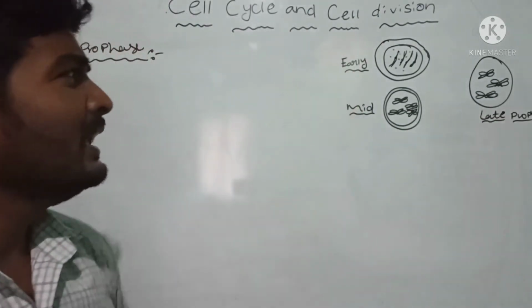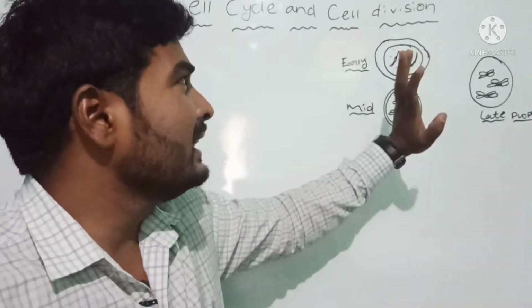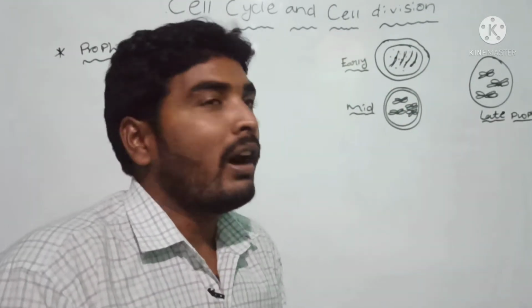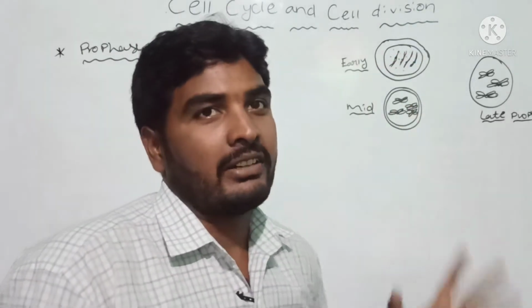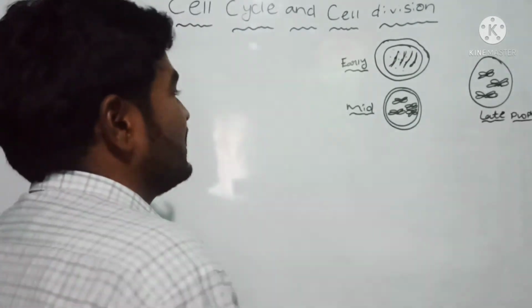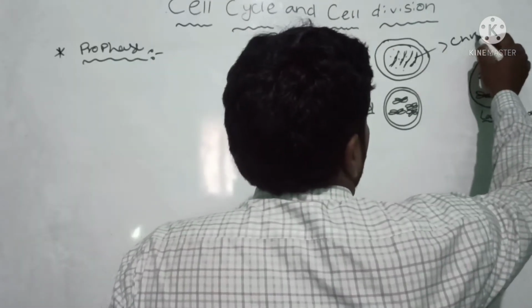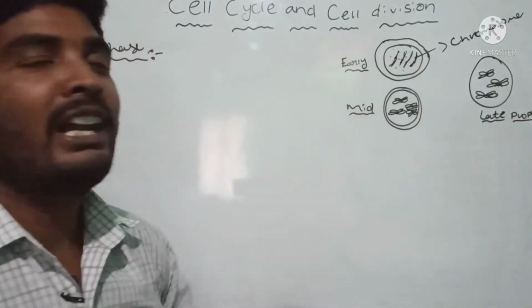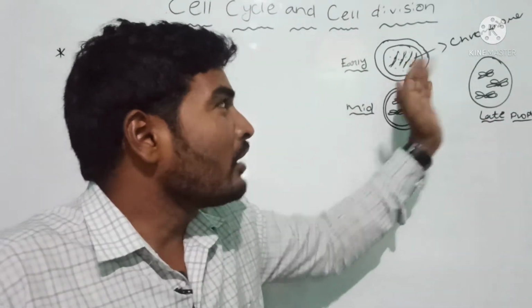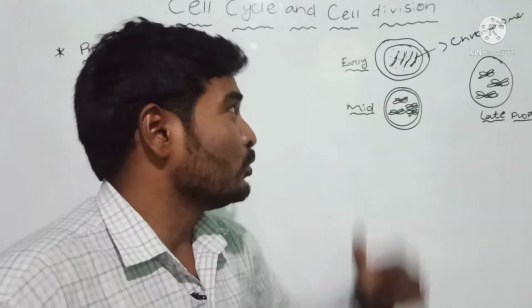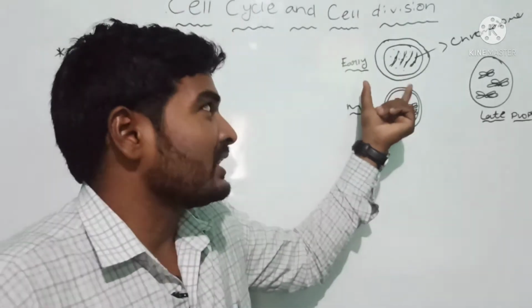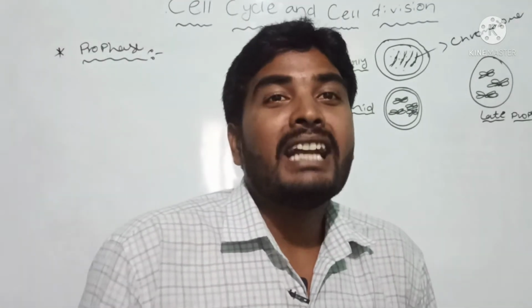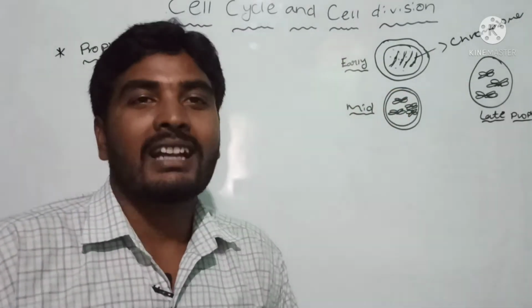In early prophase, chromatin material condenses to form a rod-like structure called a chromosome. How does the chromatin material condense? Due to dehydration.